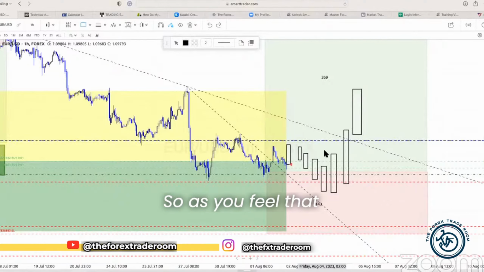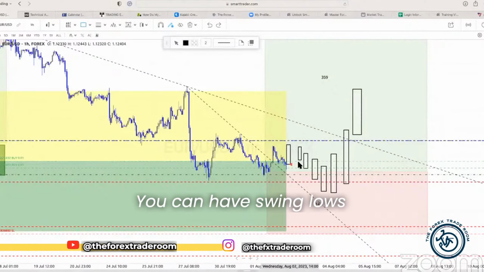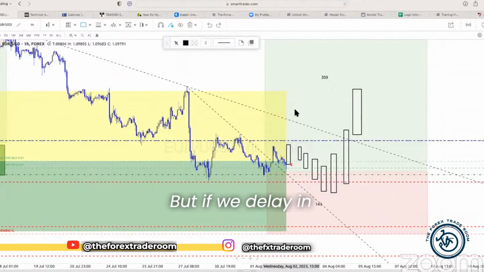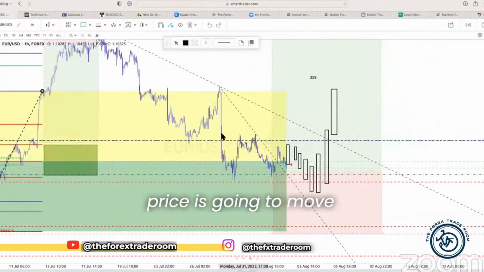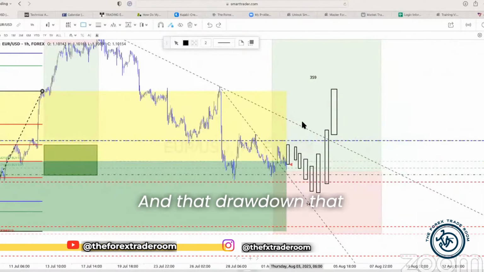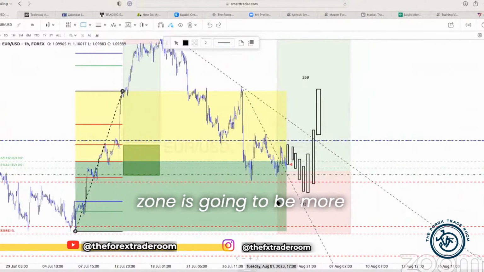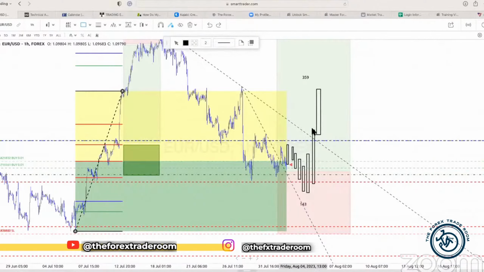So as you feel that fear, right? Correct. But you said more confidence because you have more swing lows. You can have swing lows all day long moving to the upside. But if we delay in pulling the trigger, price is going to move out of our sweet spot, and that drawdown that we could potentially see and that risk to reward that we talk about, with price being in your 618 retracement zone, is going to be more, because now you're entering a trade here instead of here.